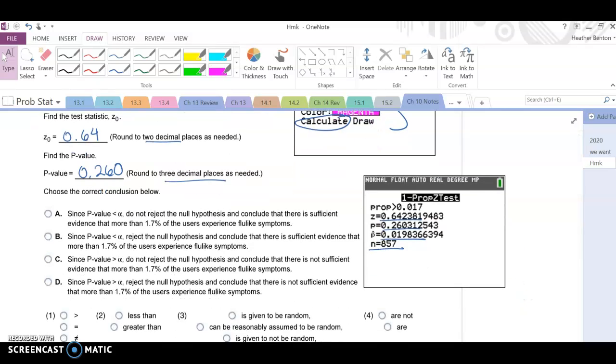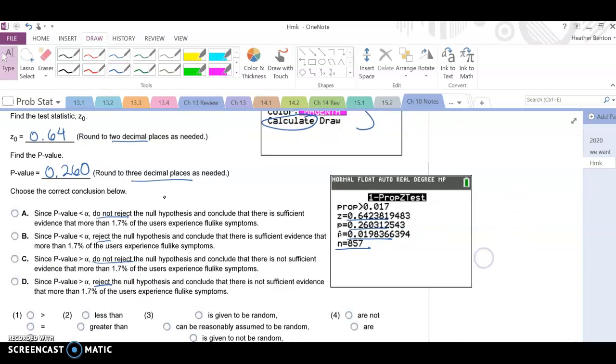So let's see, alpha: do not reject, reject, do not reject, reject. We're comparing P to alpha, and if P is less than alpha, then we reject the null.